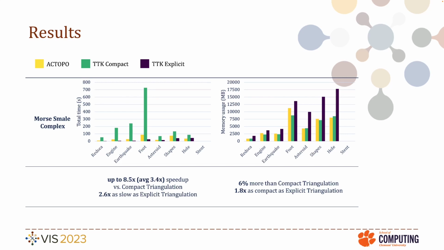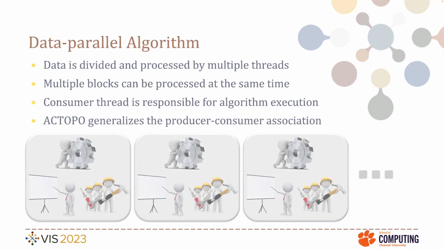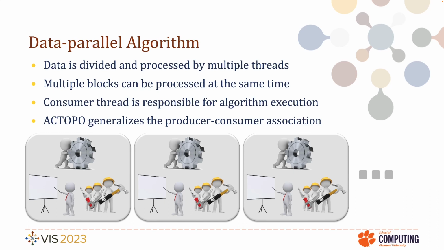As we all know, some topological algorithms can be implemented in parallel. For example, using data parallel technique, which divides data into small pieces that can be processed by multiple threads. Dynamic data structures are very suitable for such technique as they already decompose the data into different blocks.